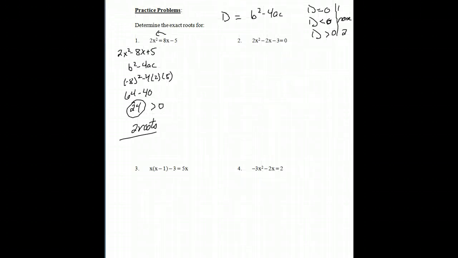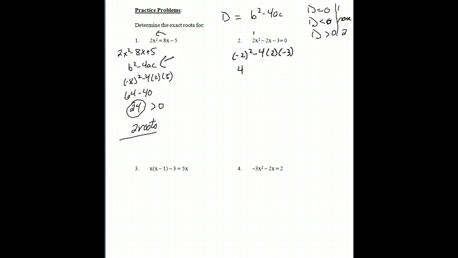Pick up now the next equation, we do the same thing. So I won't write the b squared, you see that over here. So our b is negative 2 squared, subtract 4 times a, which is 2, times c, which is negative 3.